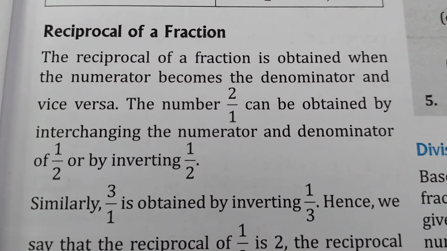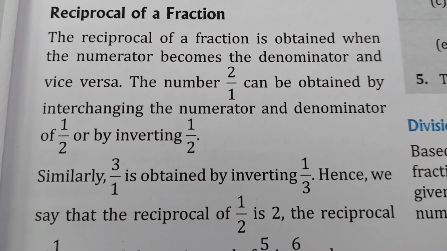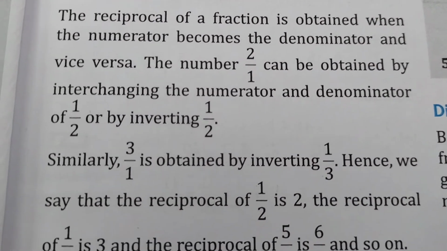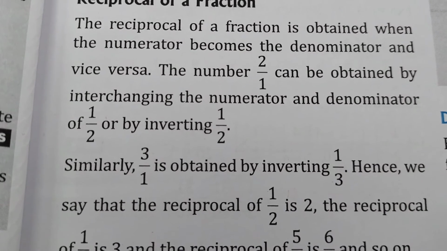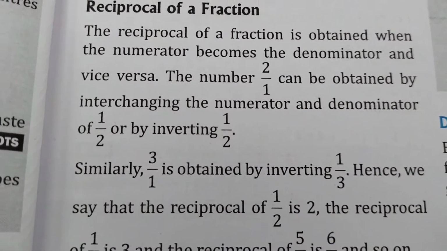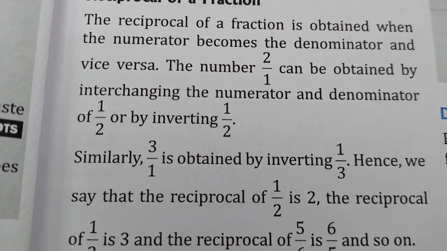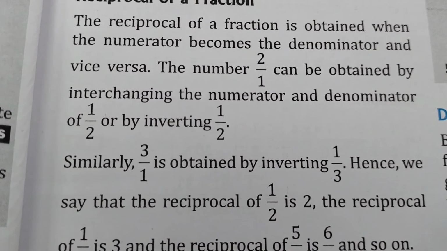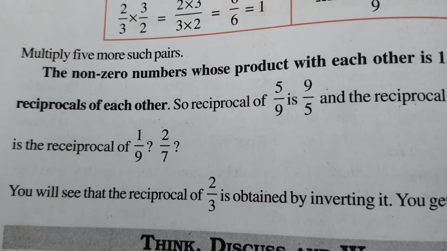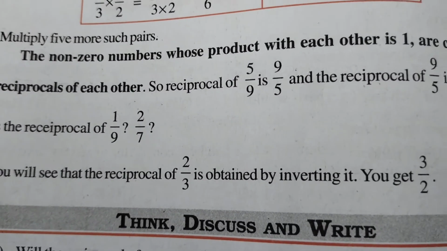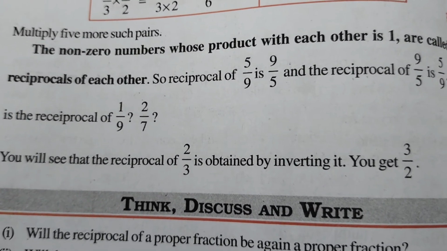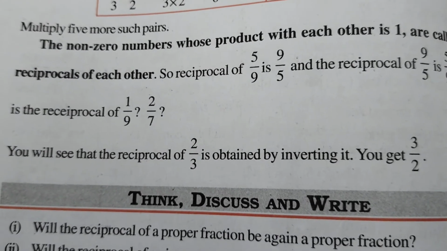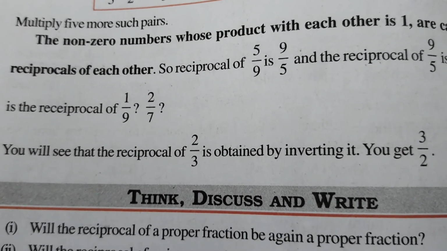So what does reciprocal mean? Just interchanging, or the product of two numbers is 1. Each of the fractions is called the reciprocal of the other. Here we have one more definition: the non-zero numbers whose product with each other is 1 are called reciprocals of each other.